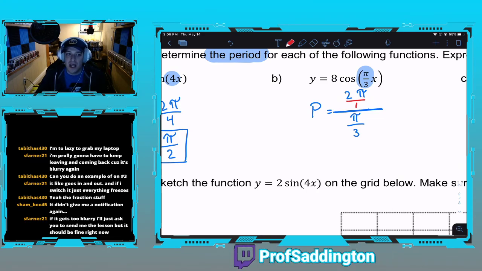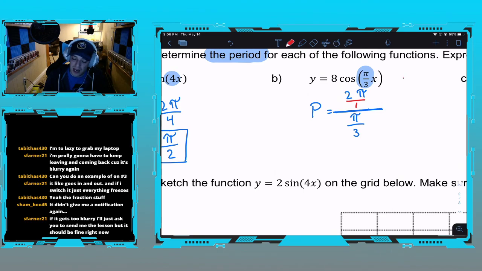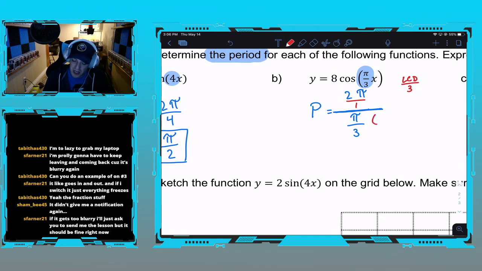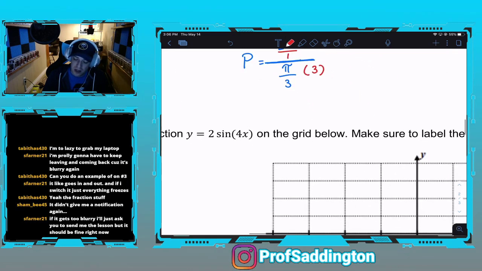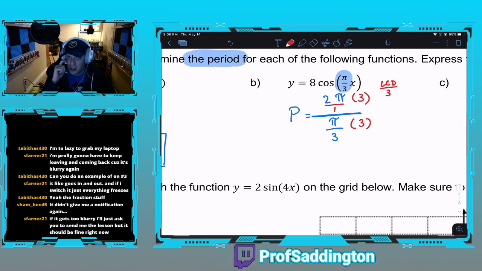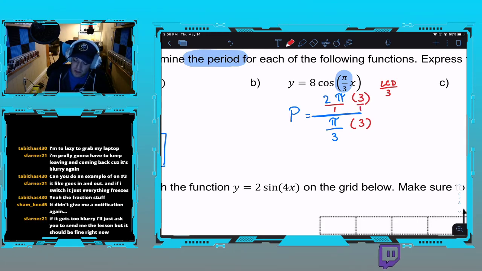So in this case, we would just say that our LCD is 3 because we want 3 on both denominators. So all I have to do now is multiply the top and bottom fraction by 3. And this is what we did with complex fractions. And I just put it over 1.